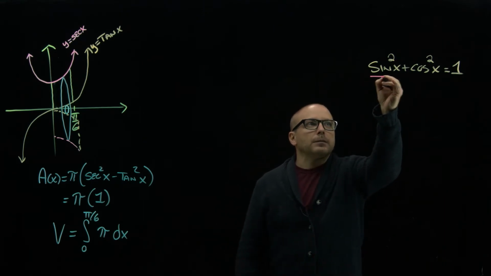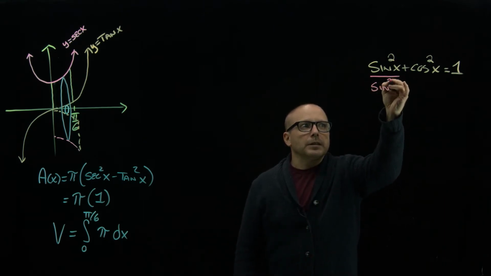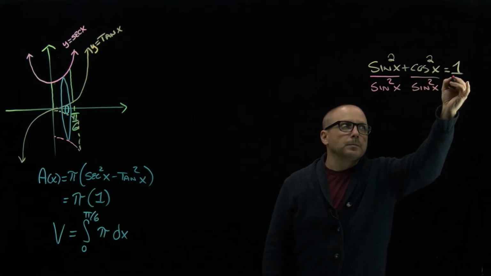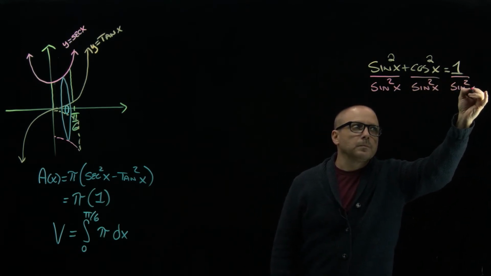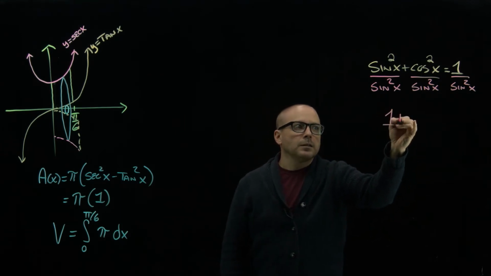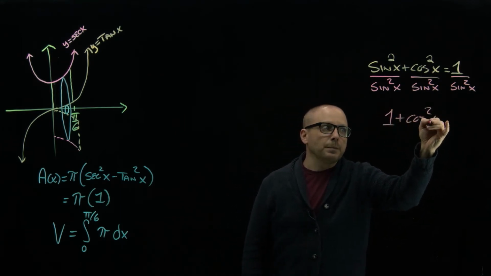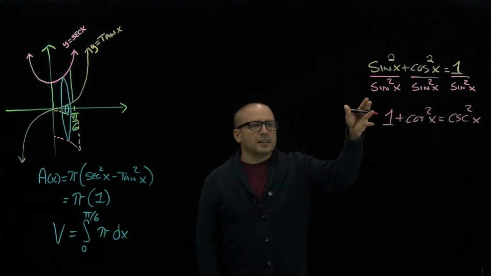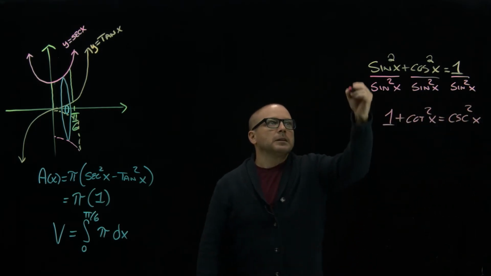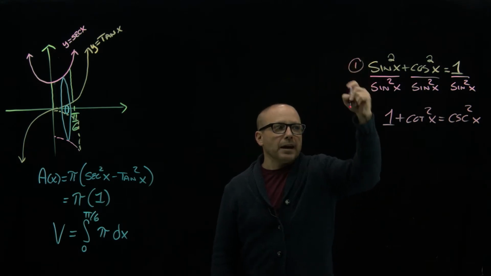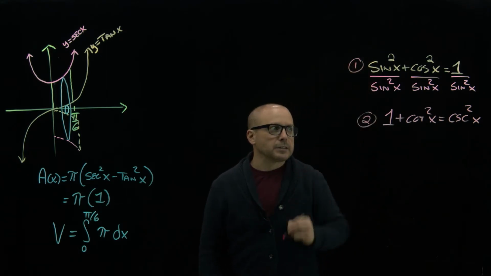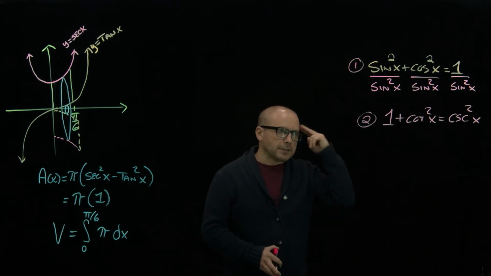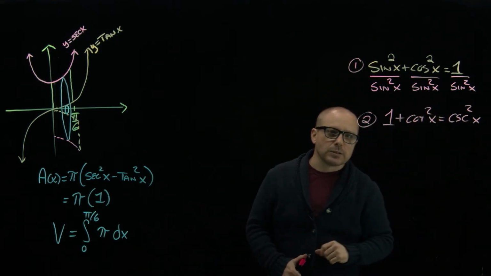If you divide everything in here by sine squared, you have 1 plus cotangent squared equals cosecant squared. So that is really the same identity just in a new form, right? So mentally, we should be connecting cosecant and cotangent.